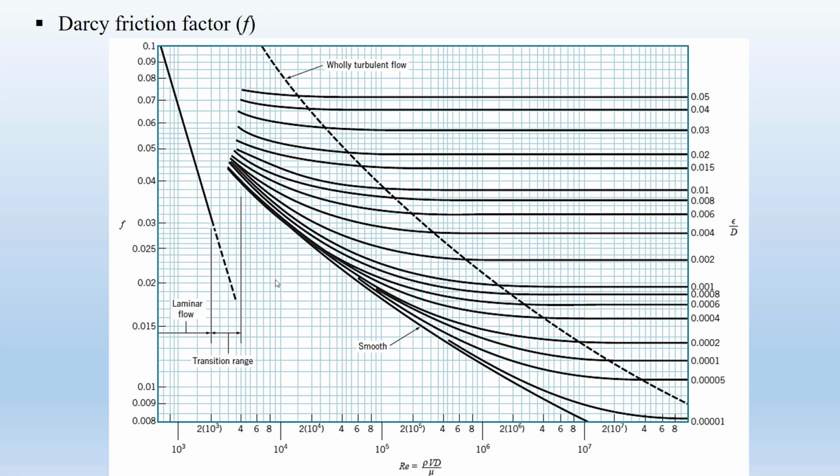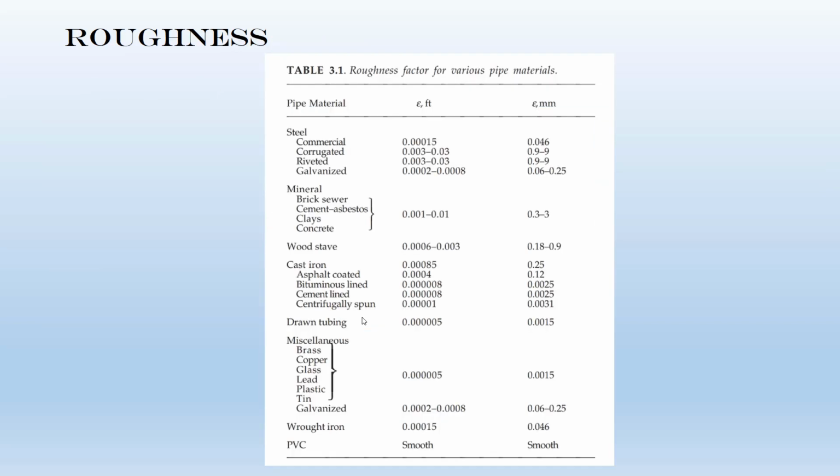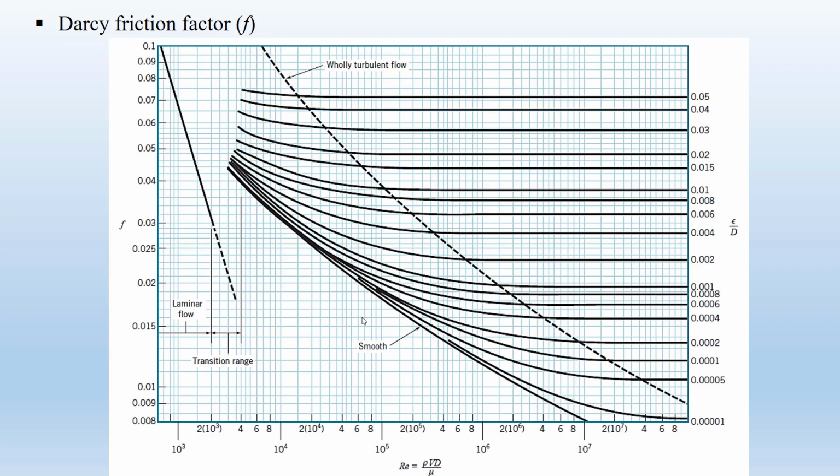Also, you can use the Moody diagram to find the friction factor. If you are solving a problem that needs an iteration method, then it's a good idea to use these correlations to find the friction factor. Otherwise, if you have a straightforward problem and you just need to find a friction factor, you can use either those correlations or the Moody diagram.